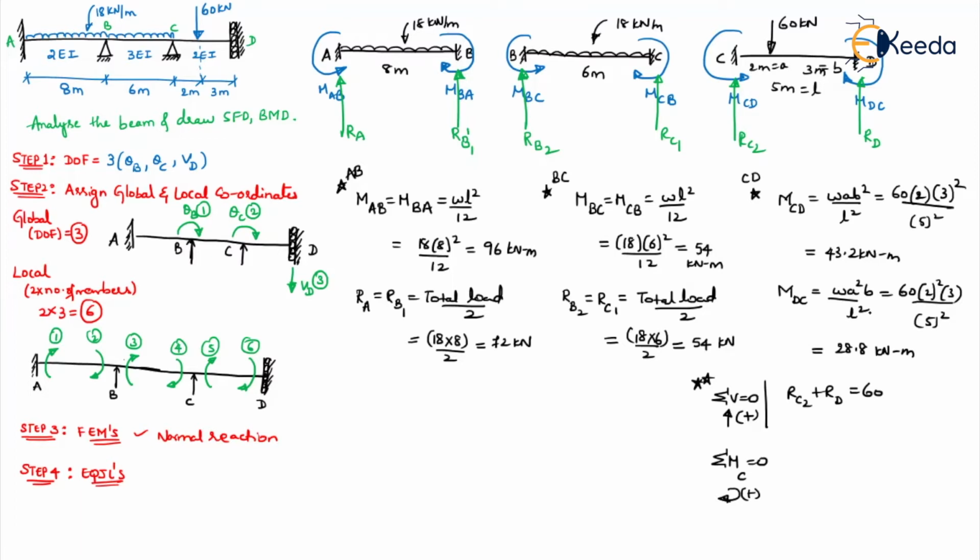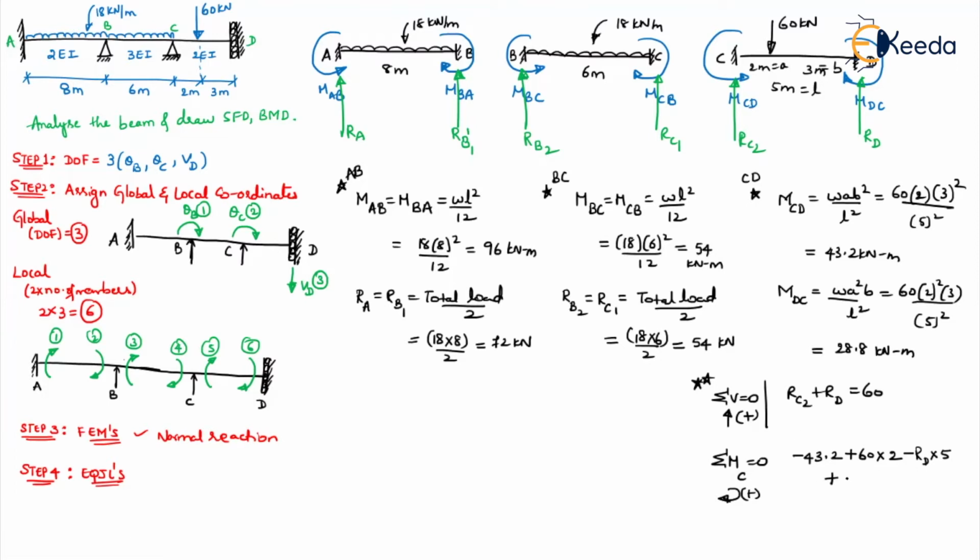MCD. So MCD is how much? That's negative. So minus 43.2. Then RC2 is passing through C. That will not have any moment. Coming to 60, this will be clockwise. So plus 60 into 2. Then coming to RD, that will be anti-clockwise. So minus RD into 5. The last one is MDC as clockwise.